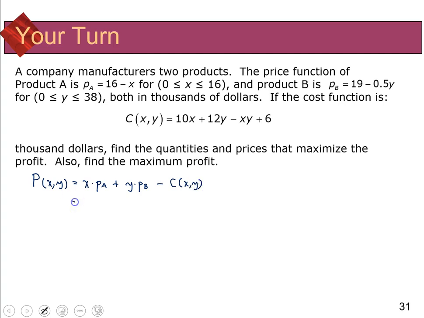So that's going to be X times 16 minus X plus Y times 19 minus 0.5 Y minus this whole cost function.